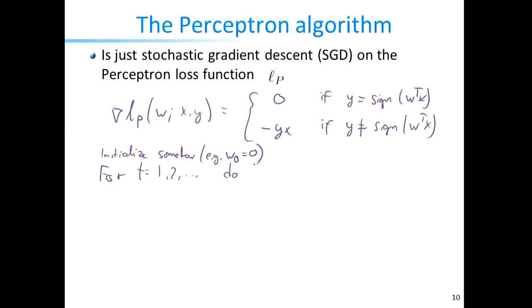Maybe you've already trained it on some data and you use this as an initial guess. Then you pick i_t drawn from the uniform distribution on 1 through n.